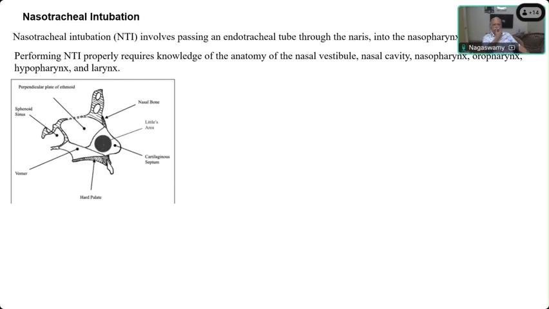So what is this picture showing here? This is the medial wall of the nose, as I told you earlier. So you have the perpendicular plate of ethmoid, you have the cartilaginous septum. What is this little area marked here?